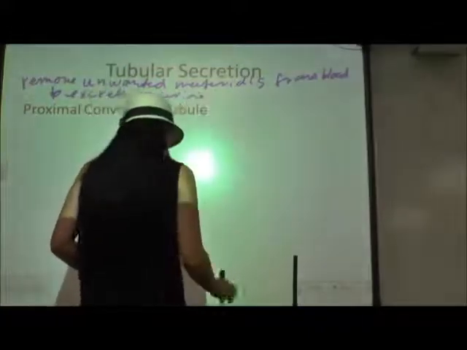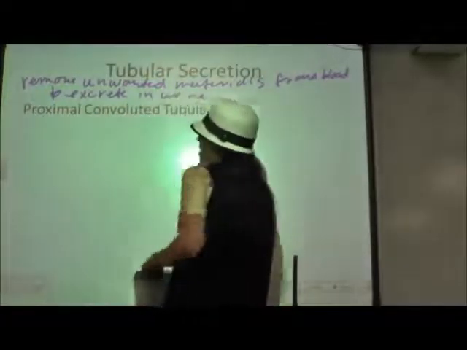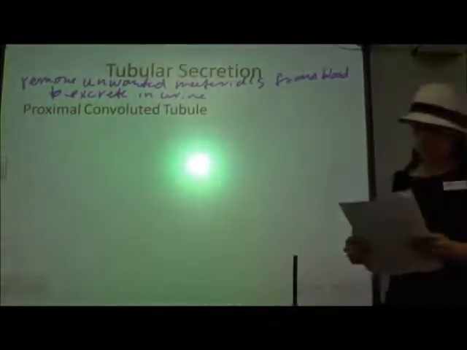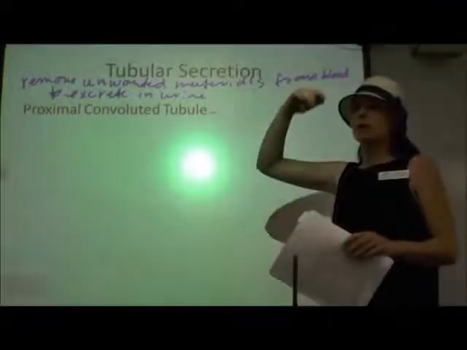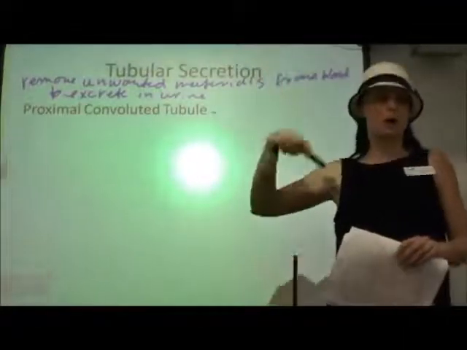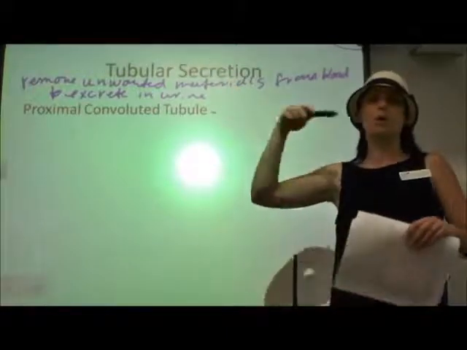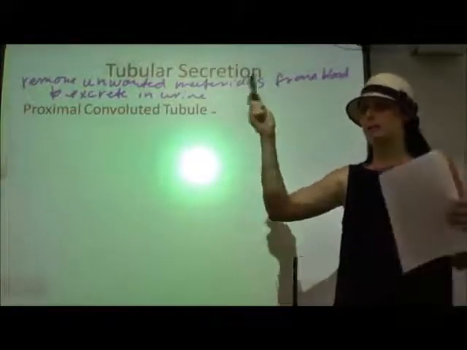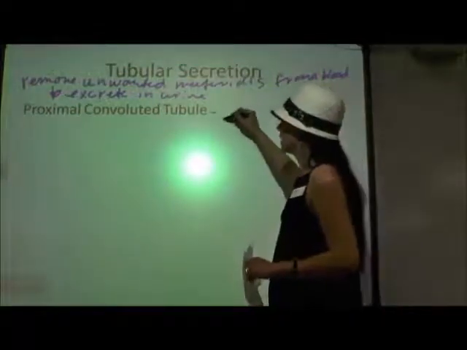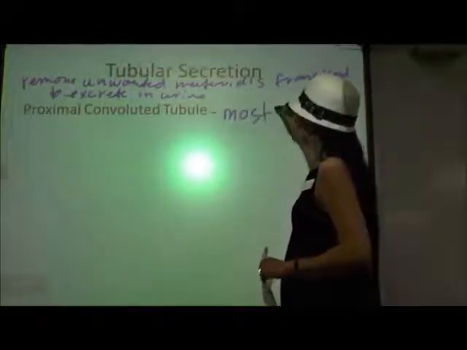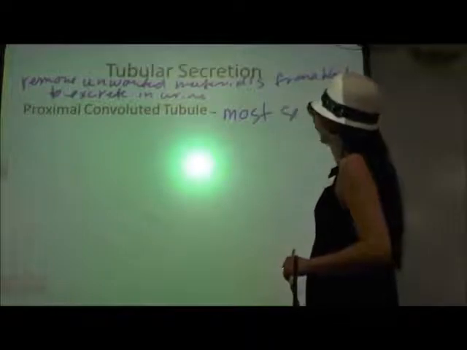So tubular secretion leads to excretion. And in the proximal convoluted tubule, it again is doing most of our secretion. It is a lot longer and more convoluted than our distal convoluted tubule. Both of these processes are happening at the same time, but we've got a lot of time for that tubular fluid to pass through here. So our proximal convoluted tubule is doing most secretion.